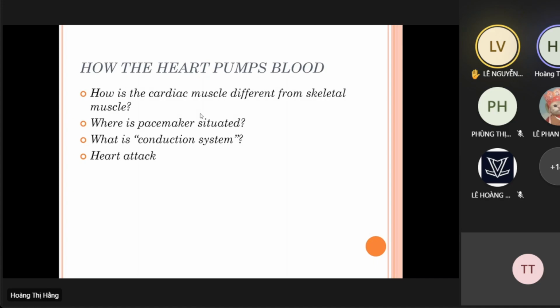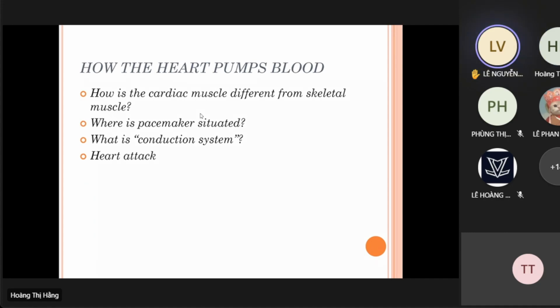Okay, now one question. Based on the knowledge that you have, can you explain why the rate of elderly suffering from heart attack is higher than the young? Yes, the rate is higher. Why?